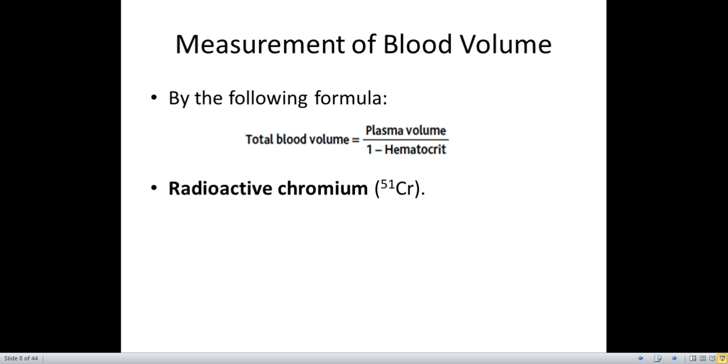Radioactive chromium is also used to label the blood cells. These are injected and mixed in the circulation. The radioactivity of the blood sample is measured and total blood volume is calculated using the indicator dilution principle.